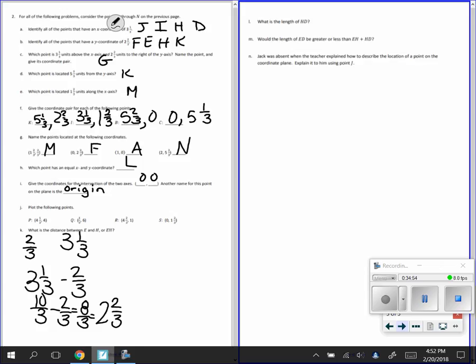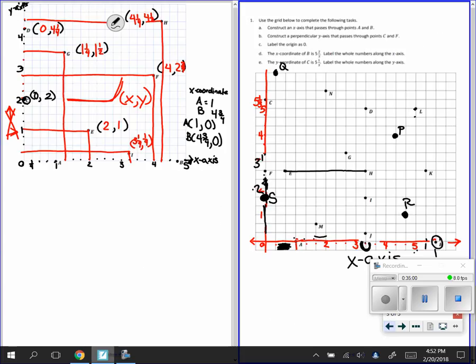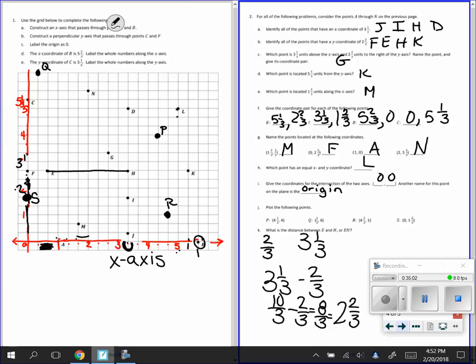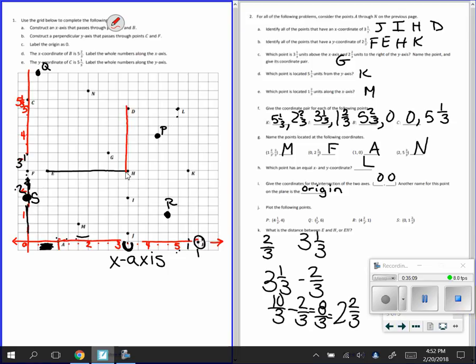What is the length of HD? Oops. The length of H to D. If I go from H to D, well, from H, it is 2 and 2/3, and D is, oh wait, I won't be doing it that way.